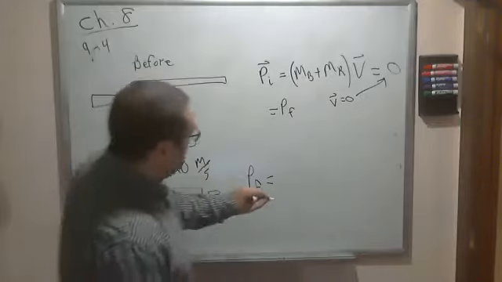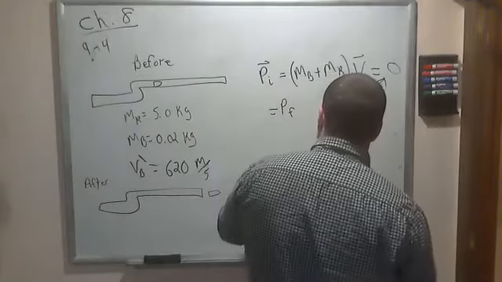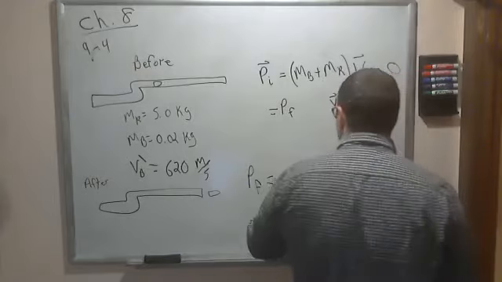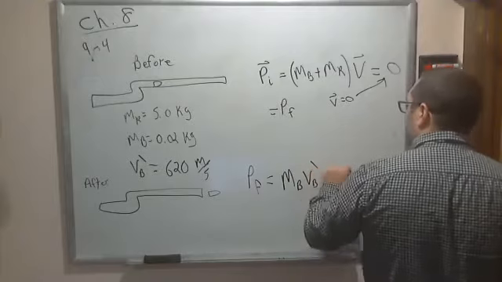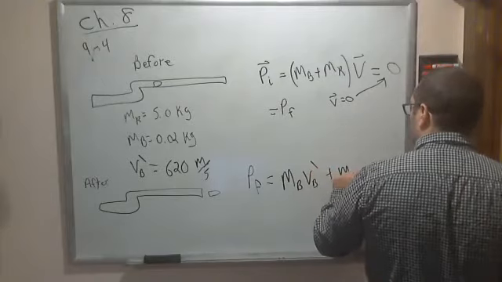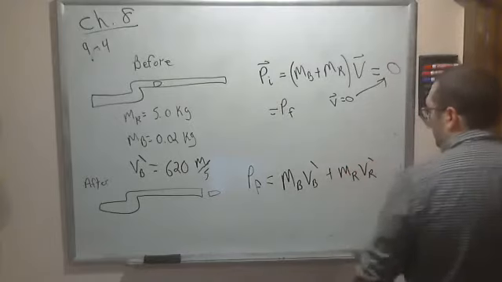will also be 0, and that would equal the mass of the bullet times the bullet's velocity plus the mass of the rifle times the rifle's velocity.